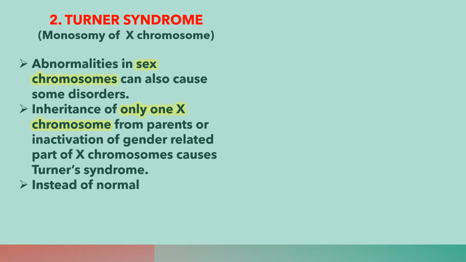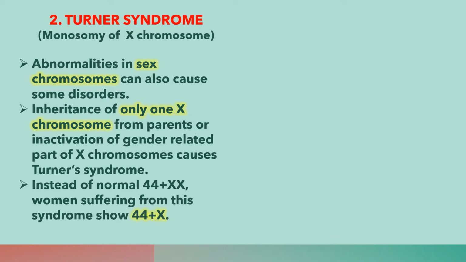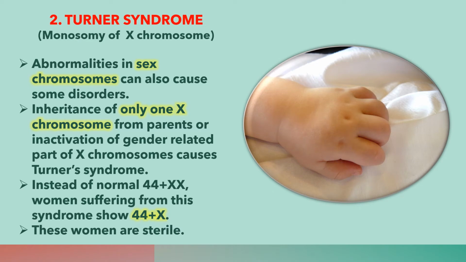Now, instead of normal 44 plus XX, women suffering from this syndrome show 44 plus X. So you know that women have 44 plus XX. Therefore, when there is only one X, this Turner syndrome affects only women. And these women are sterile, meaning they cannot give birth to young ones. This is the hand of a baby suffering from Turner syndrome.